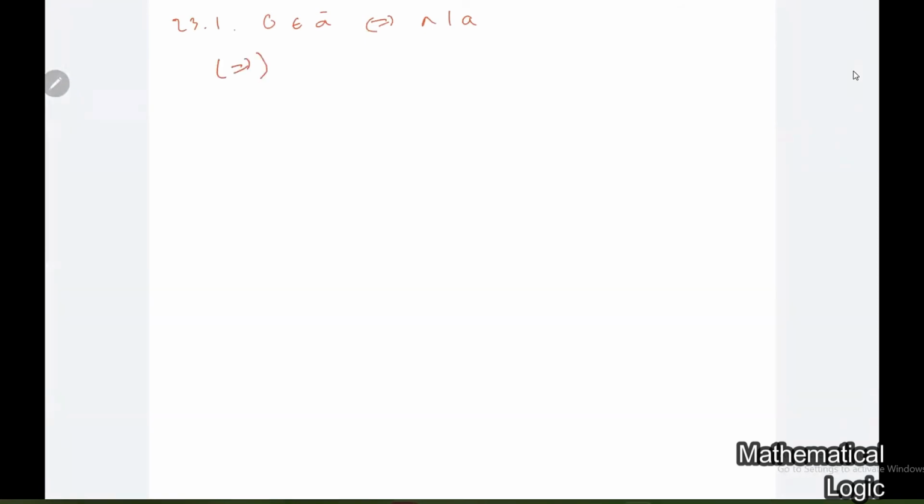From left to right, we know that 0 is in a bar. What is a bar? a bar is every number that is related to a. So 0 is related to a, right? And by the definition of modulus, a minus 0, which is a, is divisible by n.